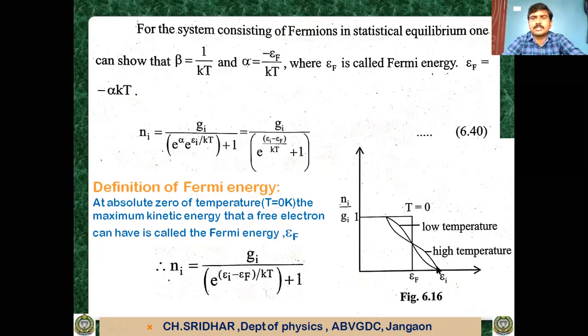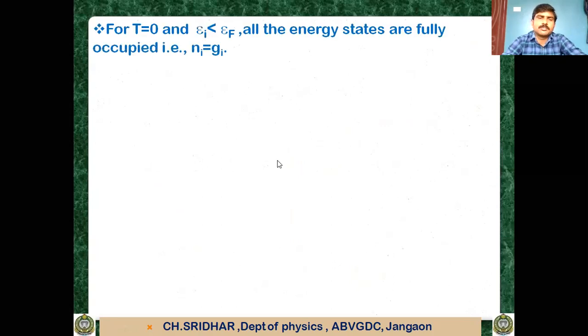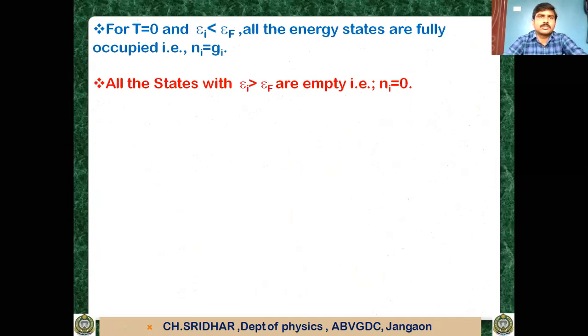and at high temperatures also the occupation index is decreasing, but in a different manner. At low temperatures, initially it shows this behavior, and for high temperatures it shows this behavior. That is called the Fermi Dirac distribution, and this is the explanation of the graph. For T equal to 0, if the energy is less than the Fermi energy, all the energy states are fully occupied, that is Ni is equal to Gi.